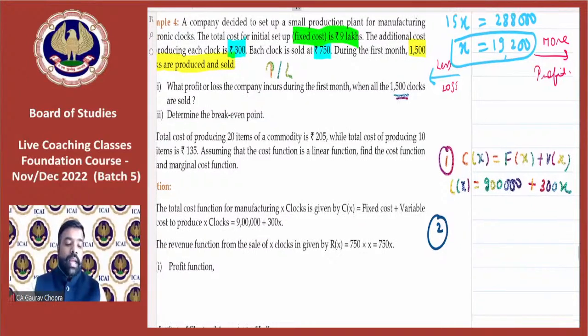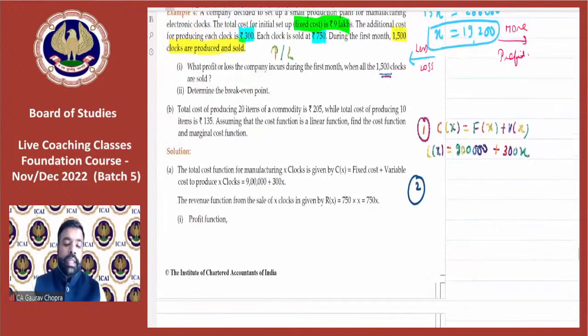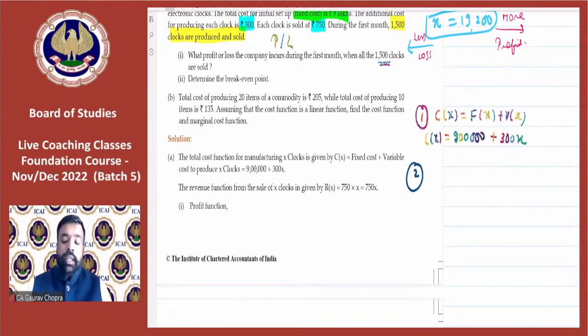Now, what we have to do? We have to calculate the profit or loss of the company in the first month if 1500 units are produced. So we also have to calculate the revenue function. We can sell one clock at 750. So revenue function will be 750x. Then profit function.